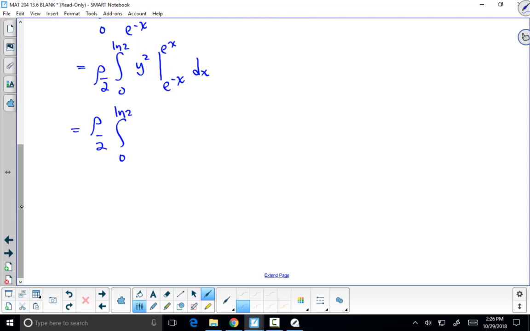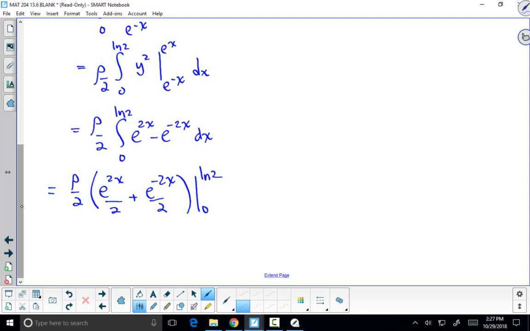Okay, so we get e to the 2x minus e to the minus 2x dx. So that will be rho divided by 2. Here we're going to have e to the 2x divided by 2 minus e to the minus 2x divided by minus 2, 0 to natural log of 2.